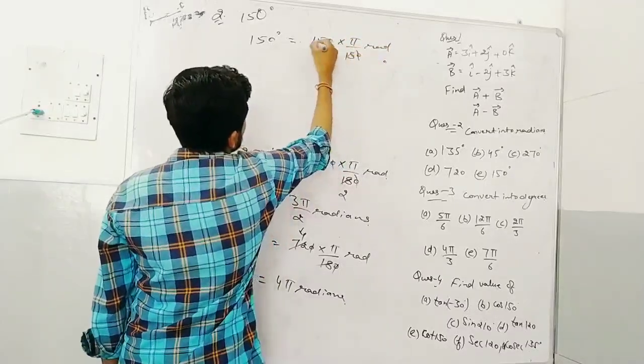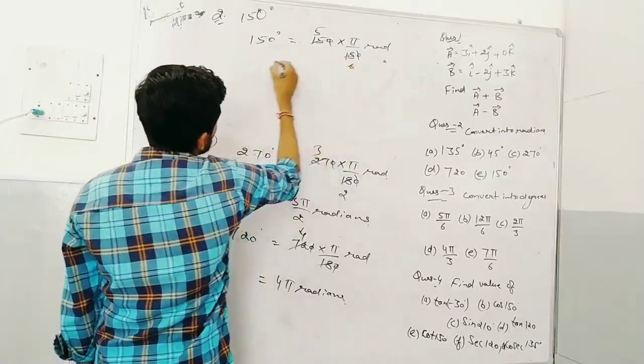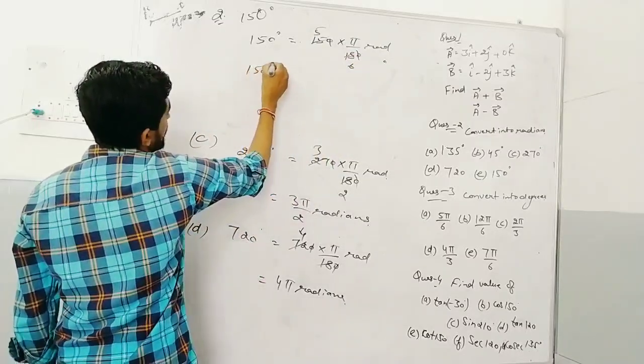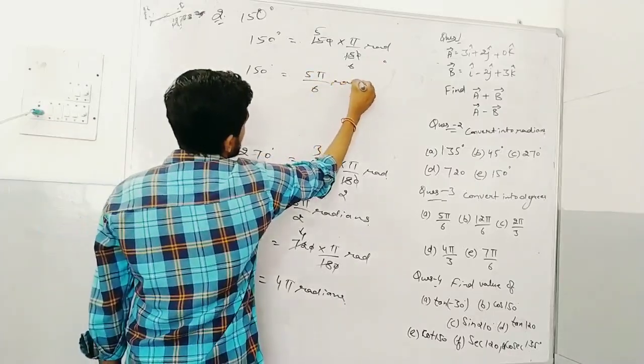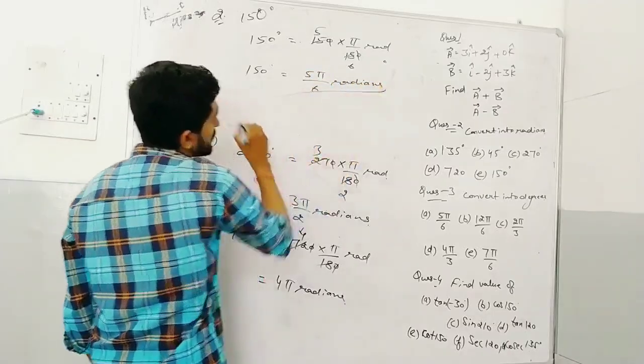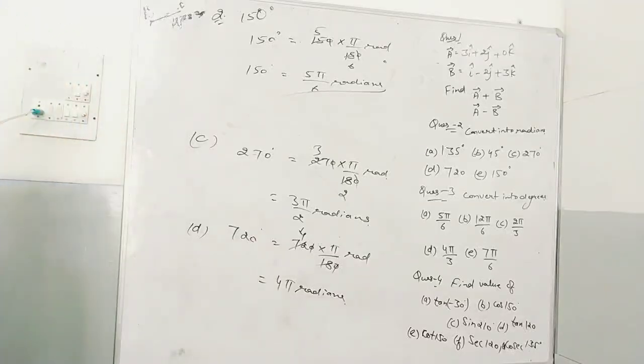Cut it down, this is 6. Then 150 degrees is equal to 5 pi upon 6 radians. This completes question number 2.